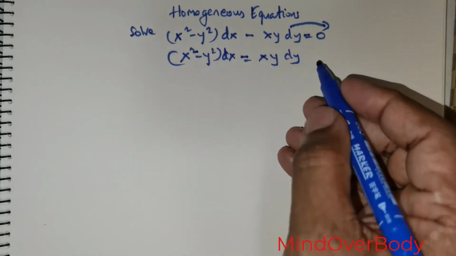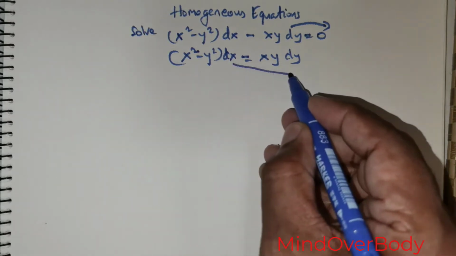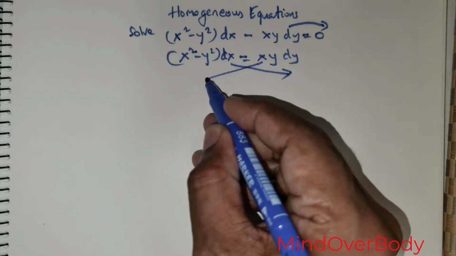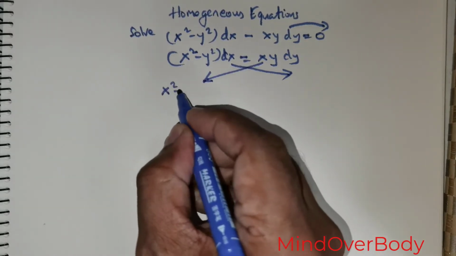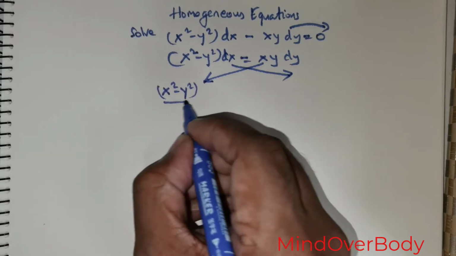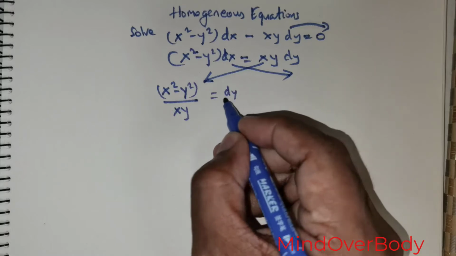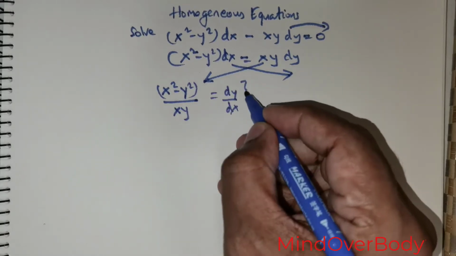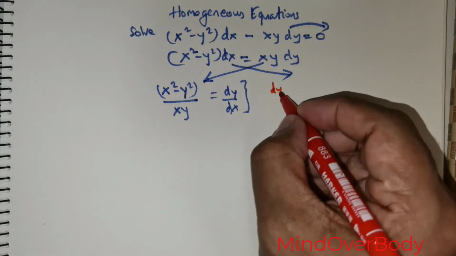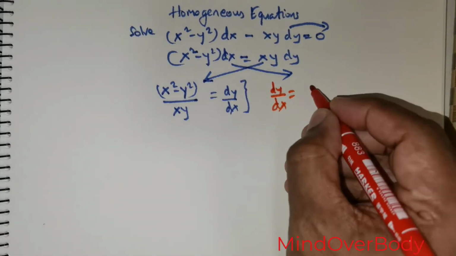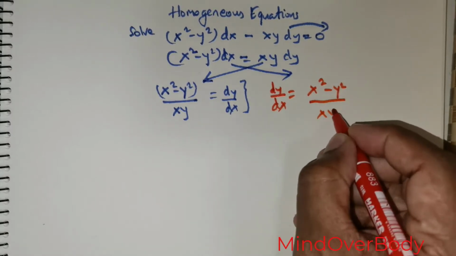Since I'm looking for dy over dx, I bring this dx down and move this xy to the left hand side. Now I get (x² − y²) divided by xy is equal to dy over dx, and now I can represent dy over dx as (x² − y²) over xy.